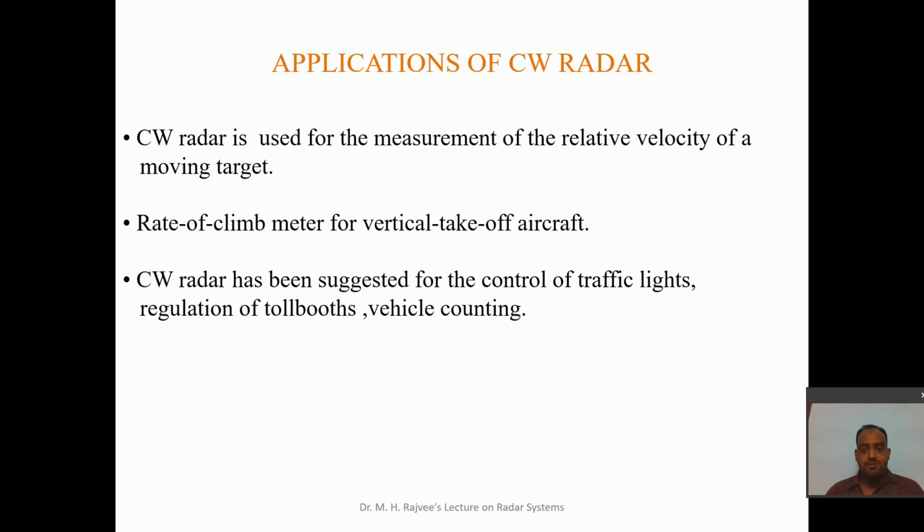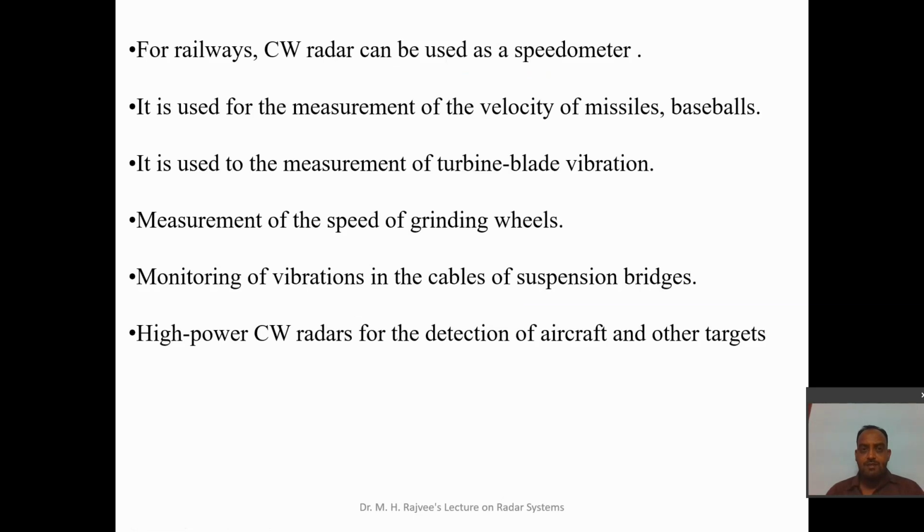So CW radar can control traffic lights, regulate toll booths, and count vehicles. All this can be done using the CW radar. In railways, CW radar can be used as a speedometer. It is used for the measurement of the velocity of missiles and baseballs.